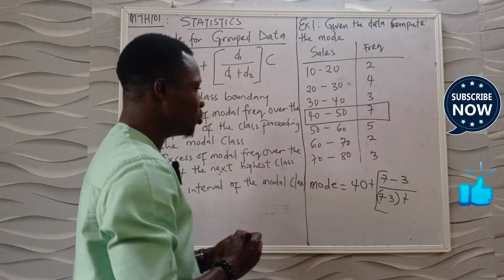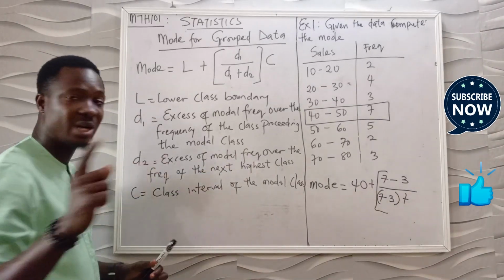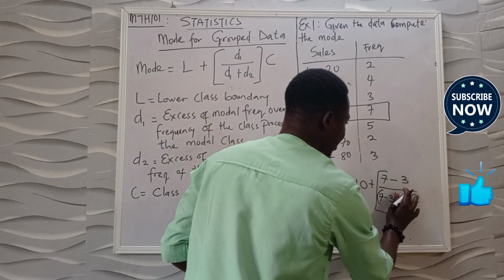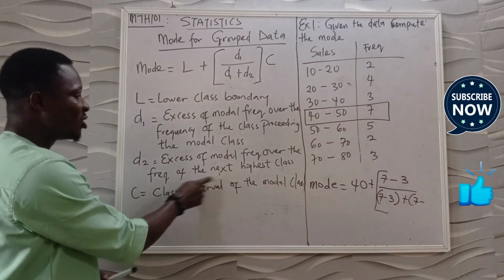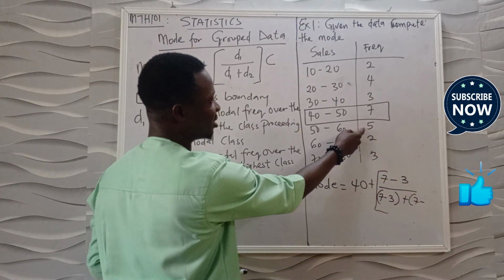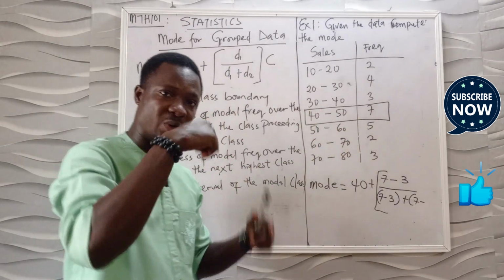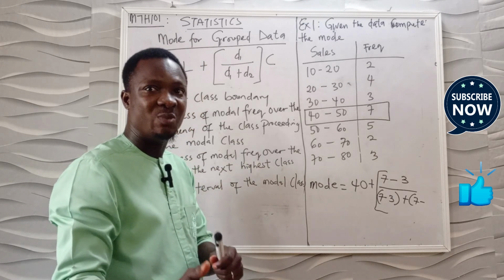Plus, what is D2? D2 is the excess of the modal frequency, which is 7, minus the frequency of the next class. It simply means the frequency of the modal class minus the frequency after the modal class.